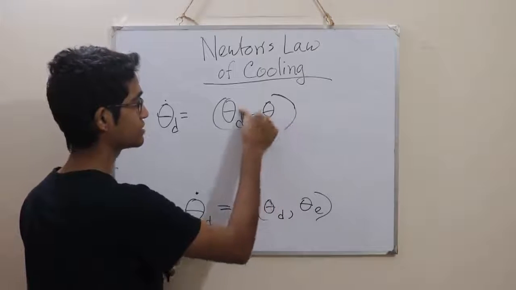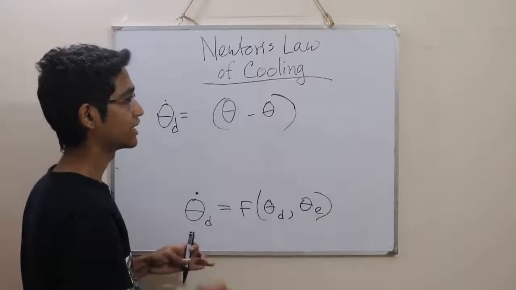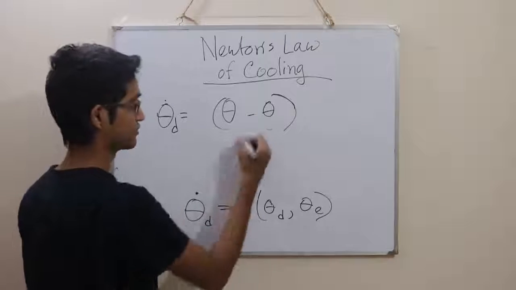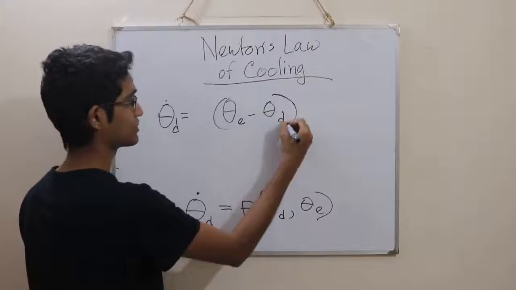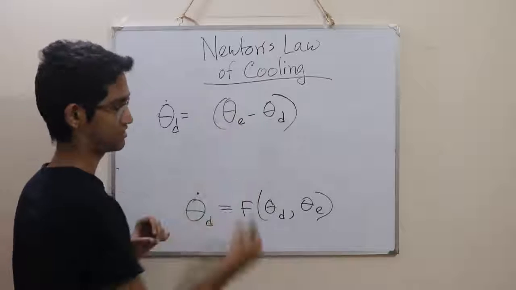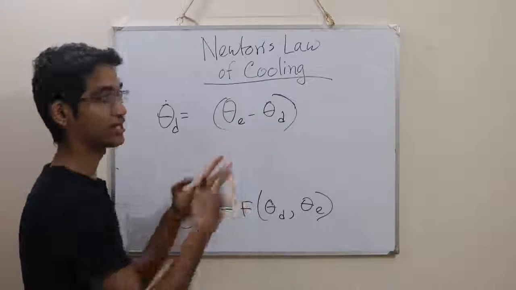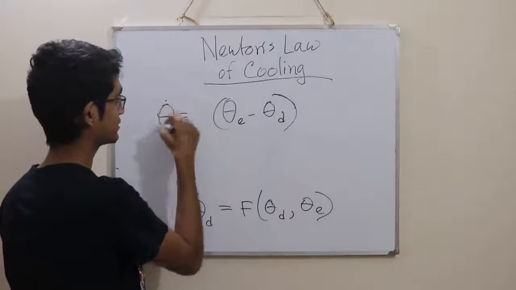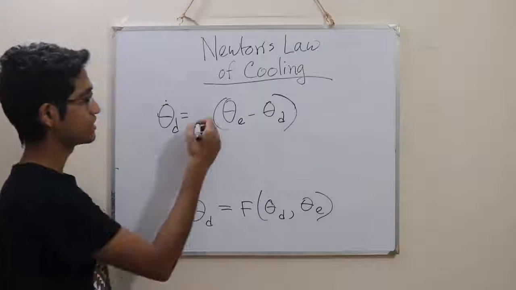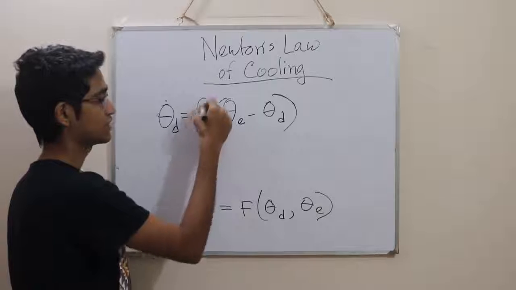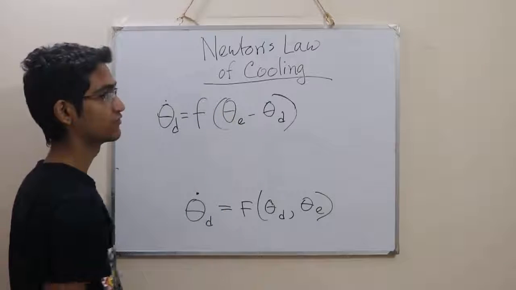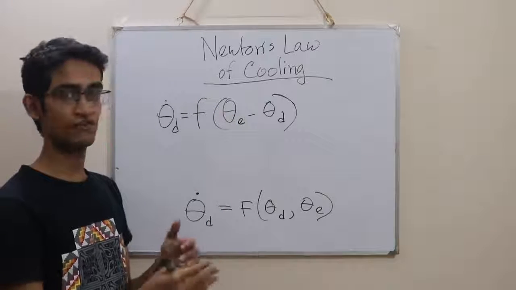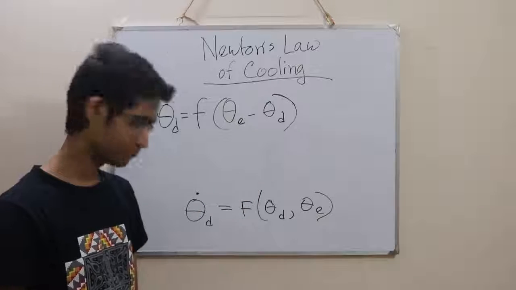The environment is at a higher temperature than the drink itself. So for argument's sake, we write theta E minus theta D, so the difference becomes positive. And we say that theta dot depends on the distance. So let's say this is a function of the difference between theta E and theta D.